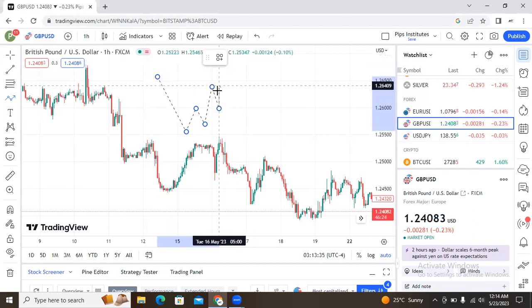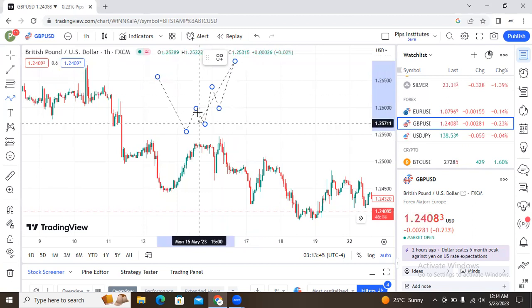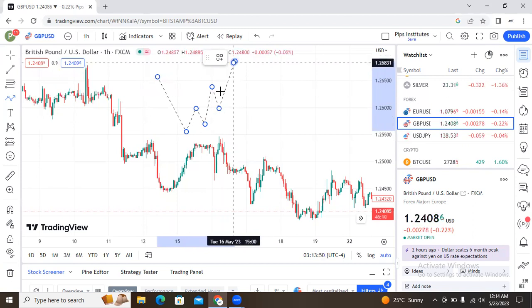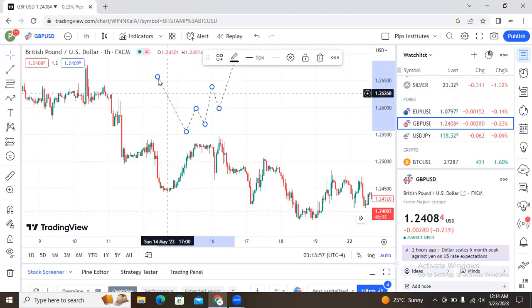So this over here becomes a mitigation block. Why? Because the market was moving from here, moving down here, right?